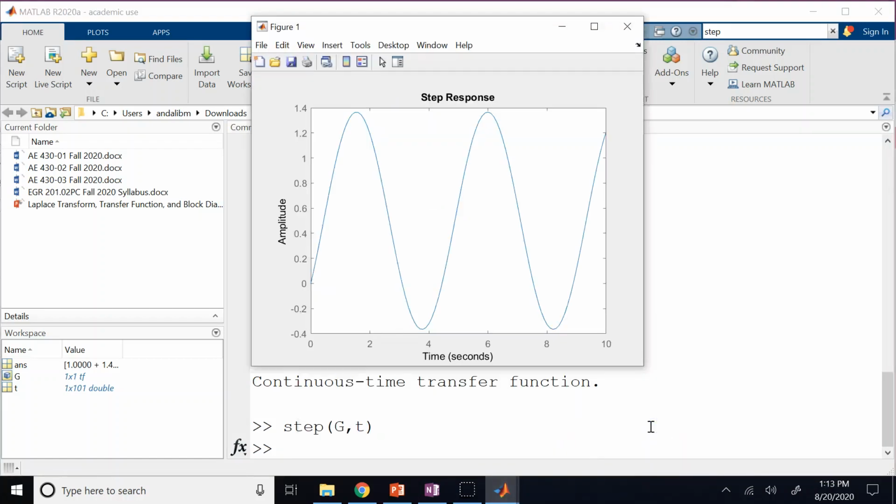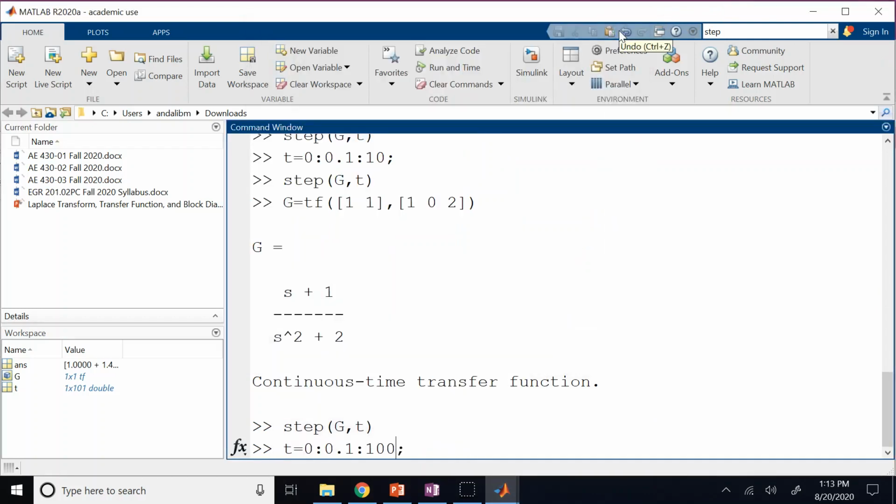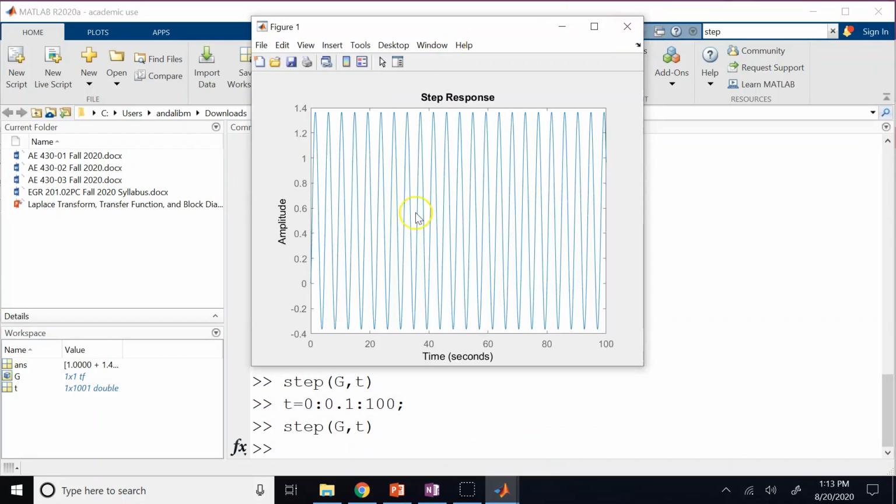What do you see? Let's make time bigger. What is it? It's sustained oscillation. The output will never settle at a fixed value and also never grow what? Unbounded. It just oscillates between two numbers.